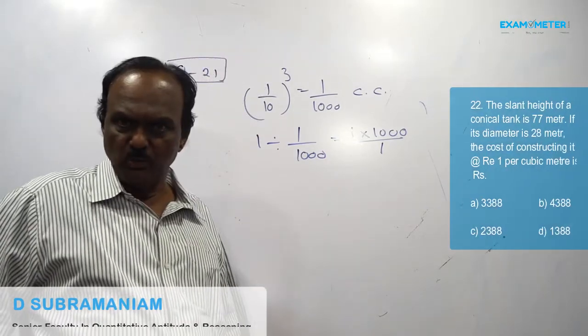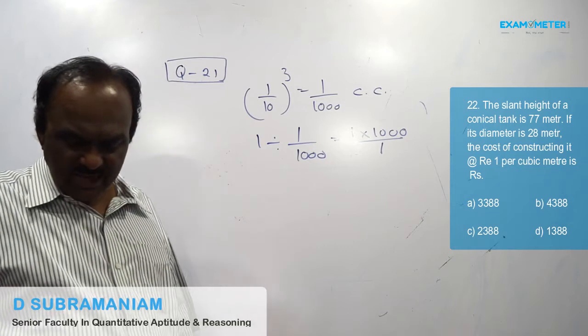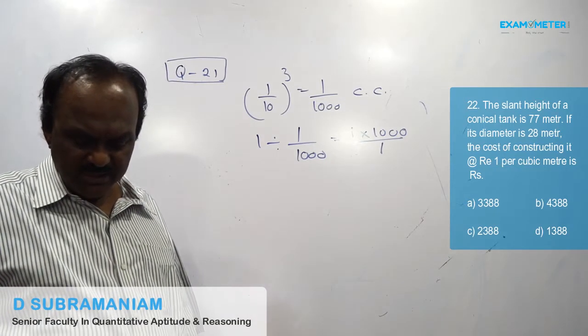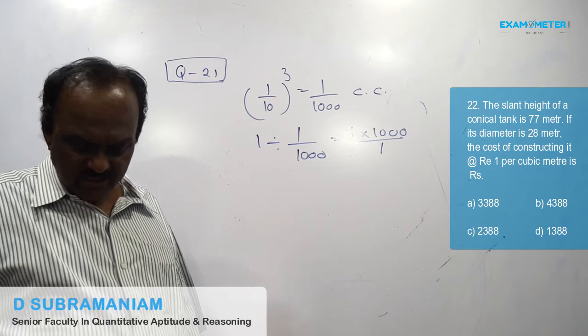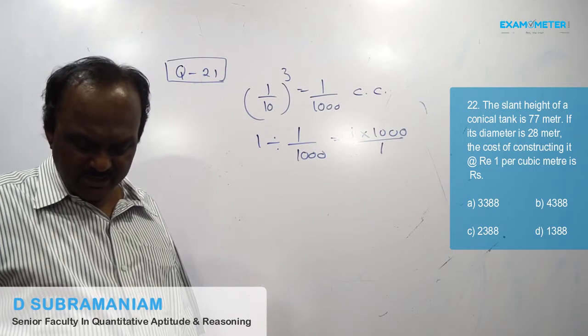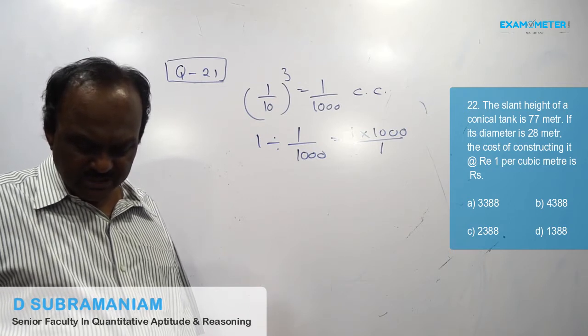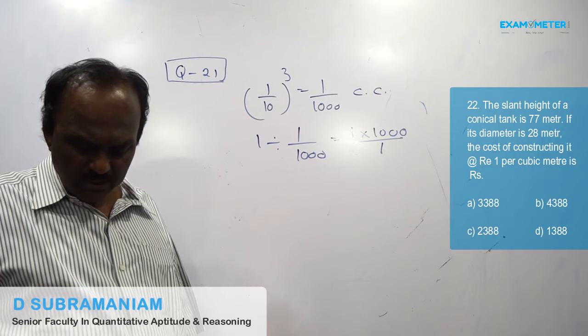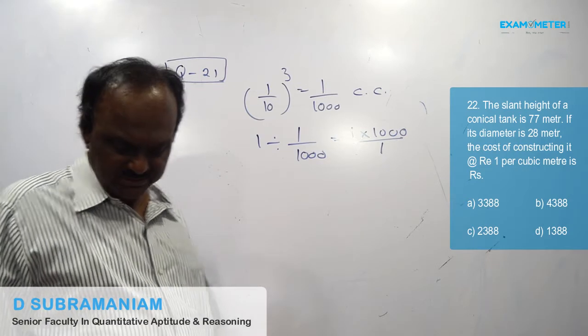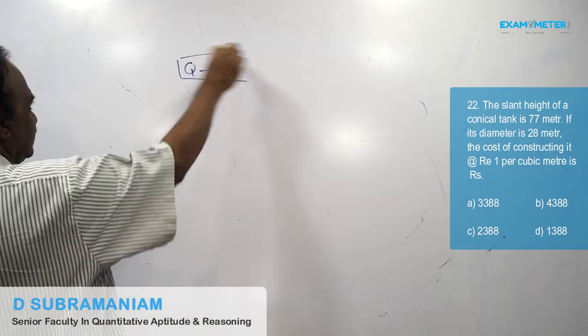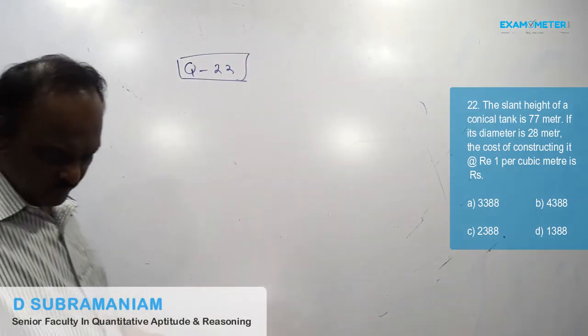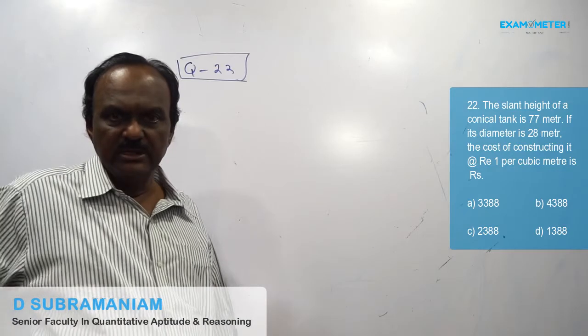Question number 22. The slant height of a conical tank is 77 meters. If its diameter is 28 centimeters, the cost of constructing it at the rate of rupee 1 per cubic meter is rupees. Write down.